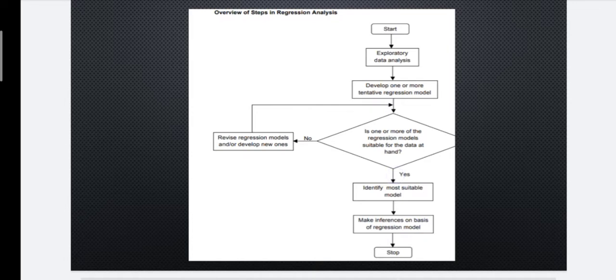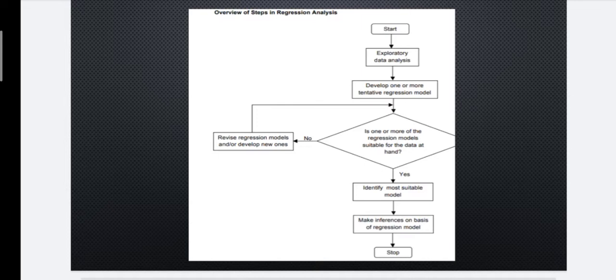Okay, kita boleh buat selection model. Okay, nanti in this chapter belakang-belakang nanti akan ada selection model. You will learn the method how to select the model.